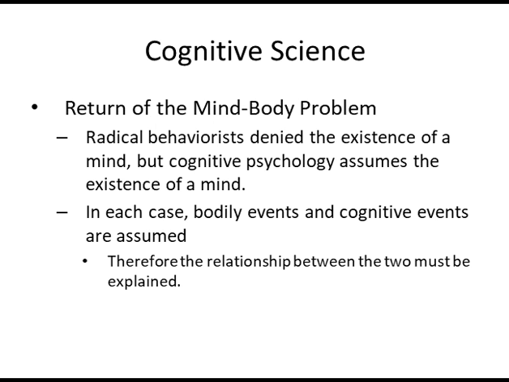Now we're back to the idea of the mind having existence. In each case, bodily events and cognitive events are assumed here in cognitive science. Therefore, the relationship between the two must be explained.